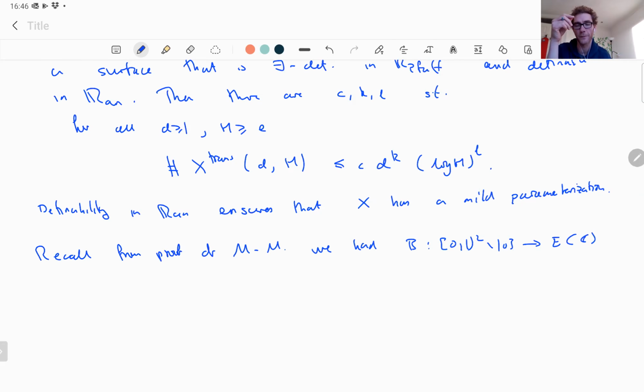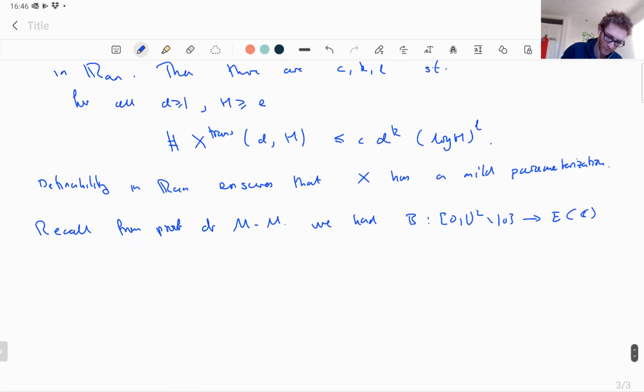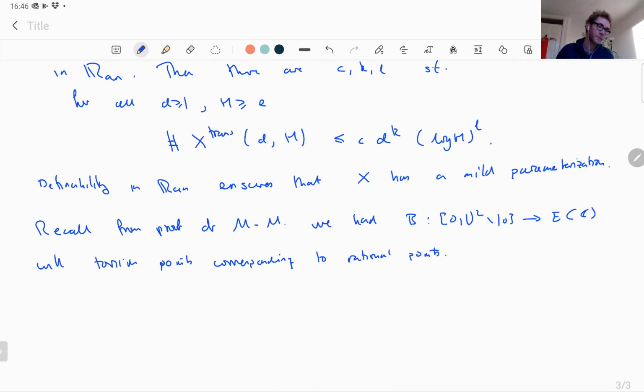So this is just pi in the switched coordinates, where you make a real change of coordinates on C. And so with torsion points on E corresponding to rational points here, and as we observed in the proof of Manin-Mumford, B is definable in R_an.